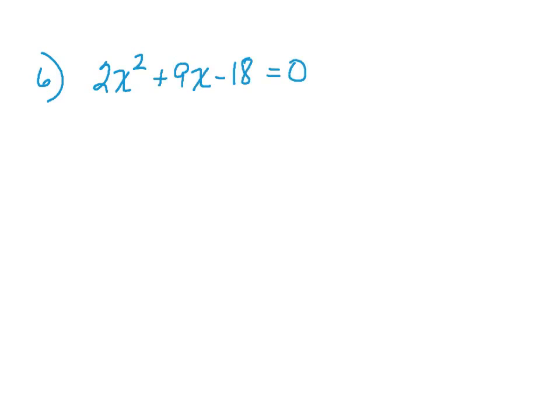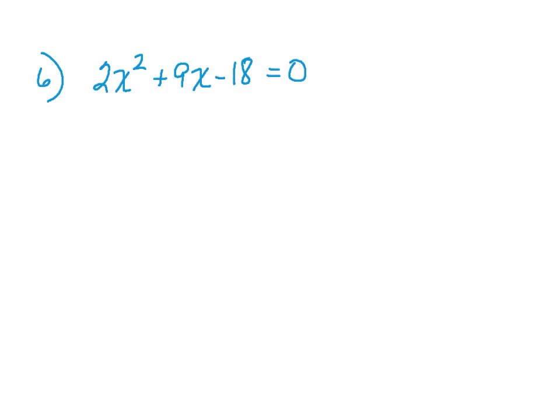The first thing you have to realize is that your equation needs to equal 0, and if it doesn't, you force it to equal 0. And then we're going to look for a GCF. There isn't any. We're going to see if there's grouping. We can't group because there's only 3 terms. The leading coefficient is not a 1, so we need to revert to the make a mistake method.